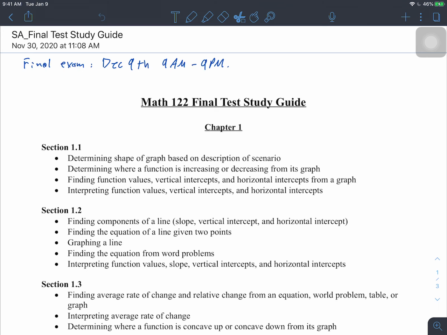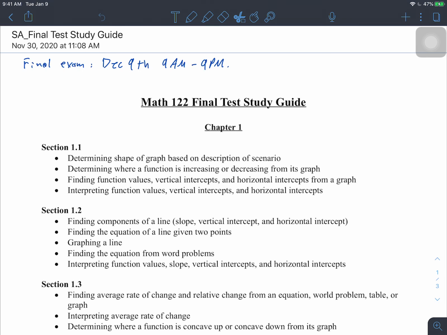And then I'm going to do a practice final exam from another section of another year of this class, and hopefully that should cover almost everything that we did in the class.